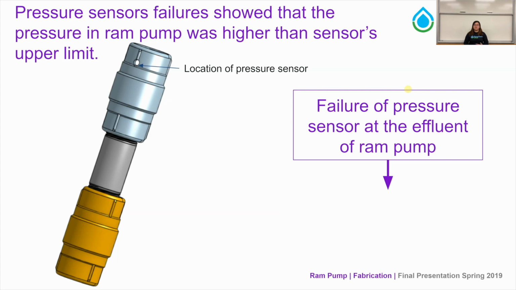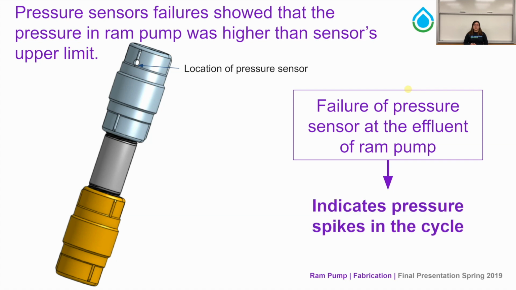Therefore, in order to verify our hypothesis, we purchased a pressure sensor with a higher upper limit of 100 psi, so that we can verify whether there are pressure spikes during the cycles around the ram pump, as recorded at the effluent valve.